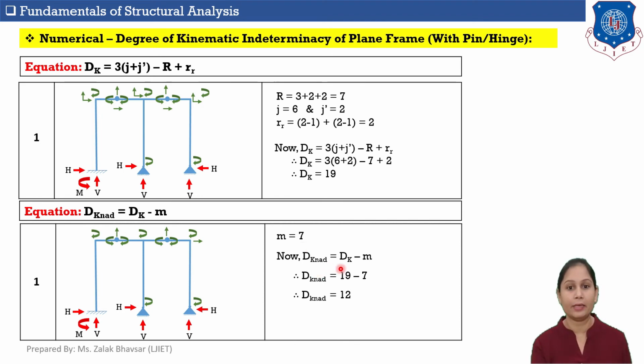Now dk/NAD is dk minus m, where dk as we calculated is 19 and number of members is 7. So total number of displacements possible in this given frame after neglecting axial deformation will be equal to 12.